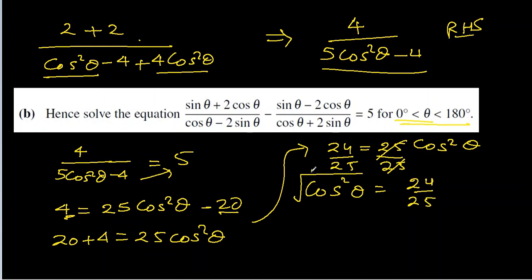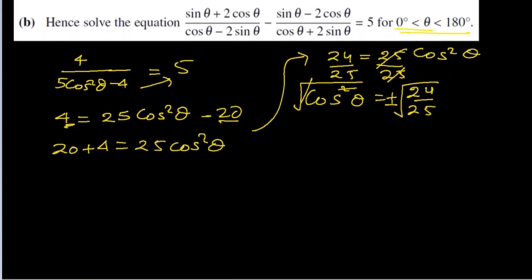We square root both sides to get rid of the square here. We'll square root here, but we'll write plus and minus both. Why? Whenever we square root, we have to write plus and minus both, and they have not specified that we can't have a negative value for cos theta. And because the square of a negative number is also positive 24 over 25, we have to write both positive and negative here.